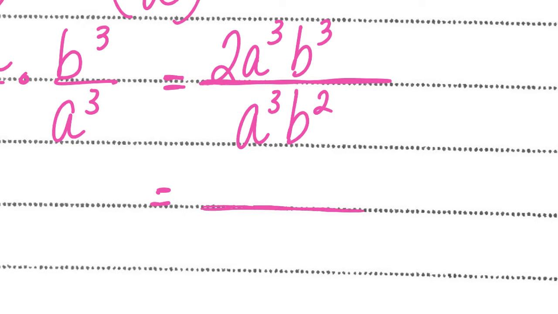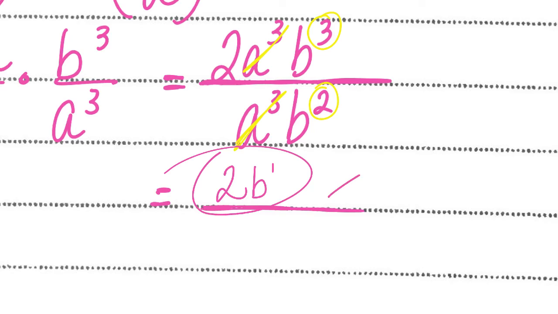The vinculum is the fraction bar line. The 2 goes on top. Notice the a's, they so nicely cancel out, so we won't even have the a's. B's, well, they go on top or bottom. They go where the largest exponent is, and it will just be b to the first. So I sometimes will draw my vinculum and then leave it. So I just circle. The answer is 2b.